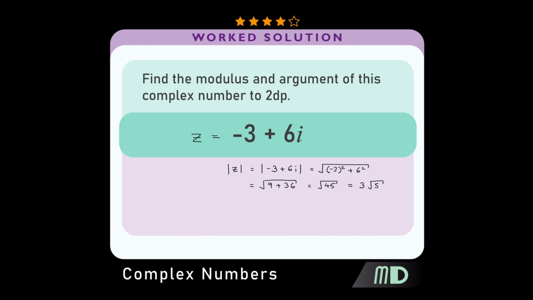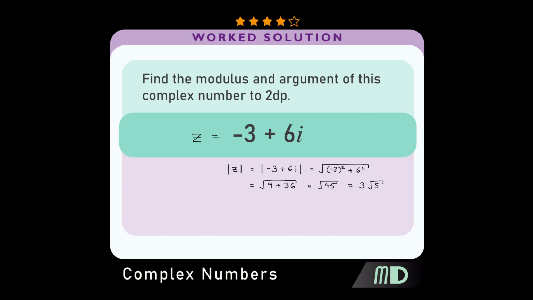The argument of a complex number is the angle made with the positive real axis on an Argand diagram. Finding the argument of this complex number is a 3-step process. First, we'll draw the complex number on an Argand diagram to see what the complex number looks like.